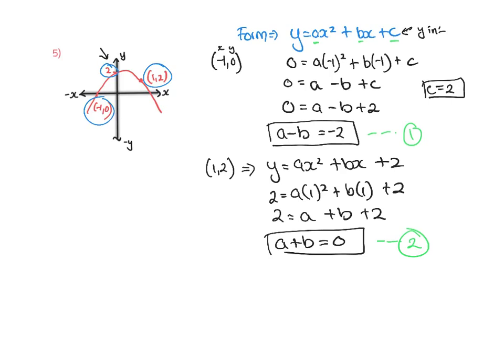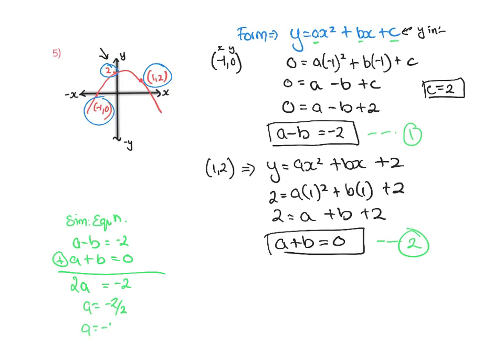So solving simultaneously, we could just write them underneath each other. So when we add them, we lose the b's, don't we? So we get 2a equals negative 2. So a equals negative 2 divided by 2.